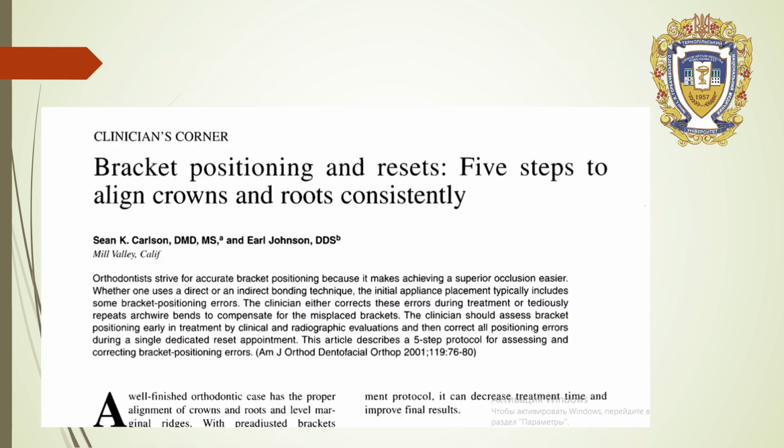At the end of our lecture, I would like to advise you a few free articles about today's topic. If you would like, you can find them on the internet to get more information about it. First article, bracket position and resets: 5 steps to align crowns and roots consistently.